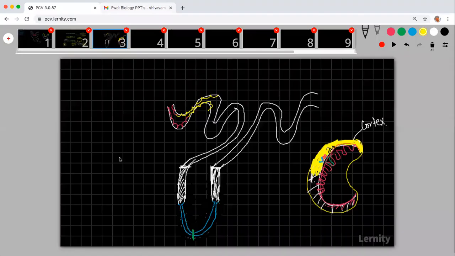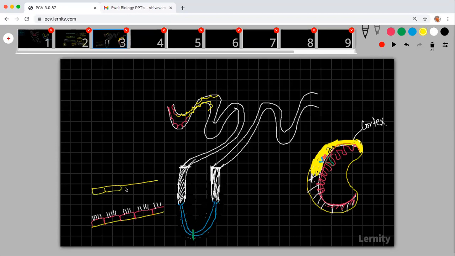What is the meaning of it? In this pathway you have this epithelium, and on it you have microvilli. So this is how the structure will look.